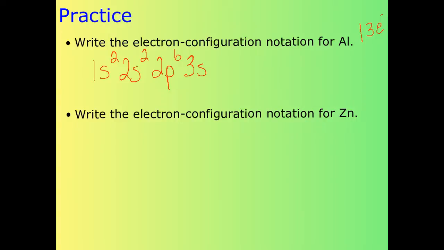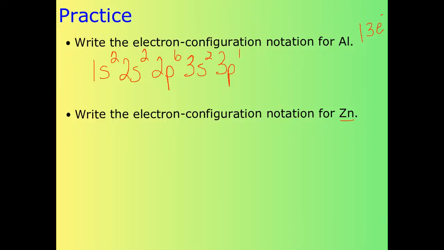S sublevels hold 2 electrons. And after 3s comes 3p, and I only need 1 more electron. So while the 3p could hold 6 electrons, in aluminum we only have 1 electron in the p sublevel. So that was much quicker without all of those arrows.